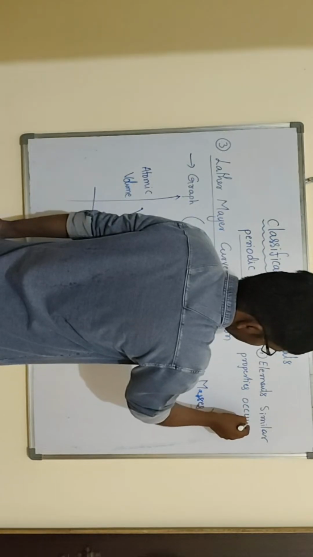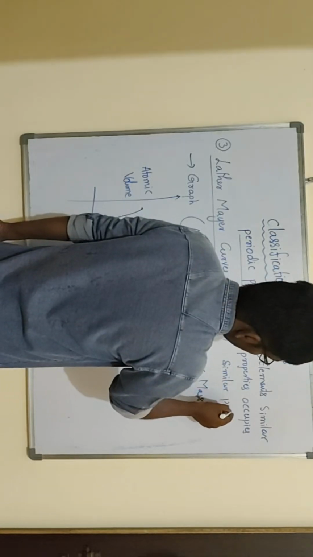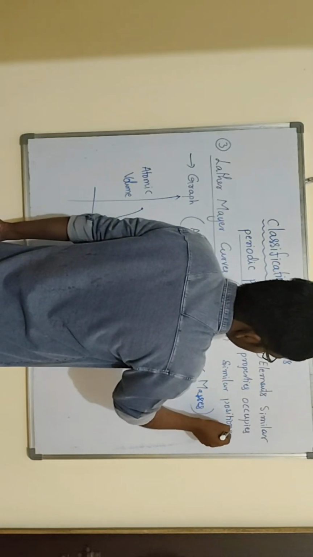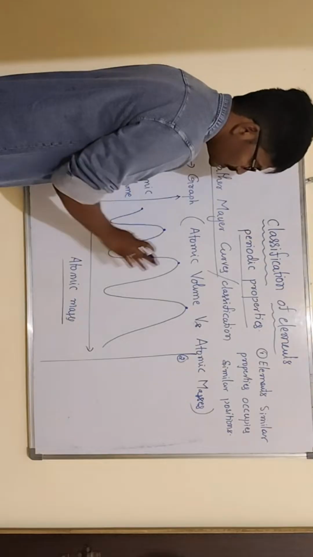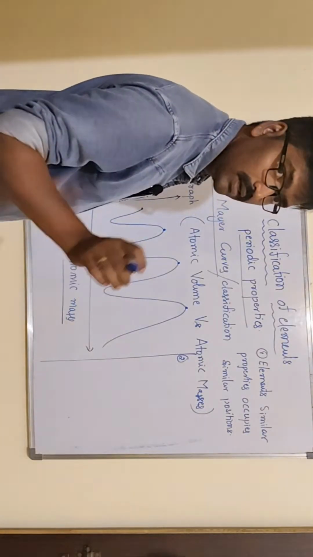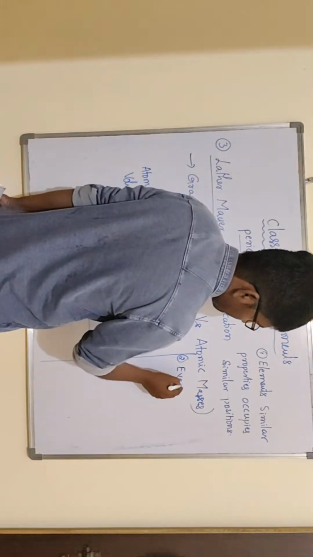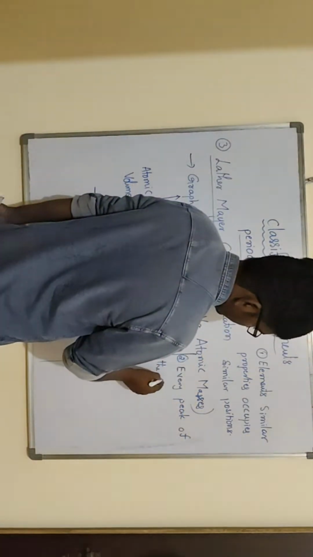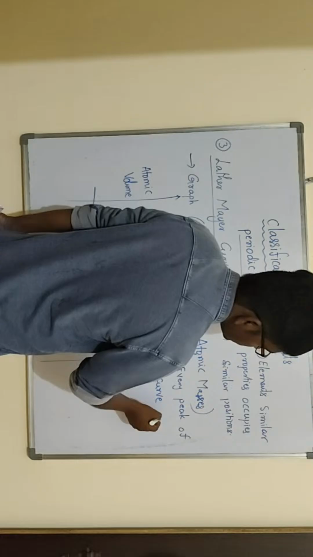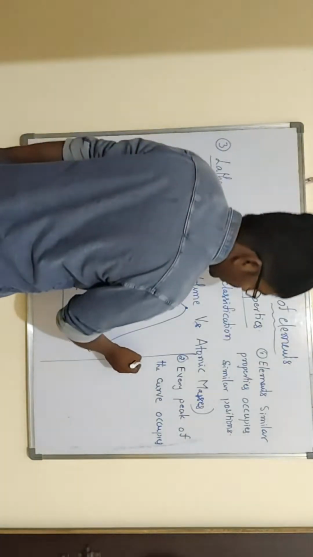Number two: every peak of the curve is occupied by alkali metals.